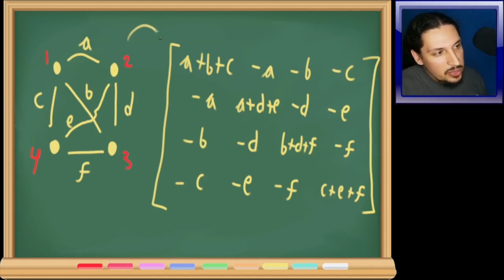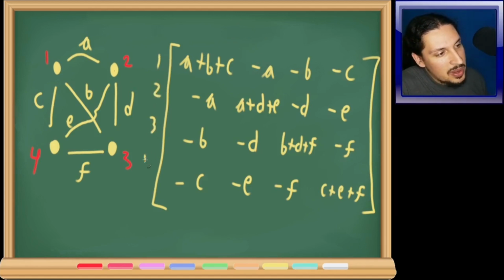So the thing on the right is the Laplacian matrix. You build it like this. If there are n nodes in the graph, it's an n times n matrix. It's similar to the adjacency matrix in that at place ij, you will have the edge going from node i to node j.